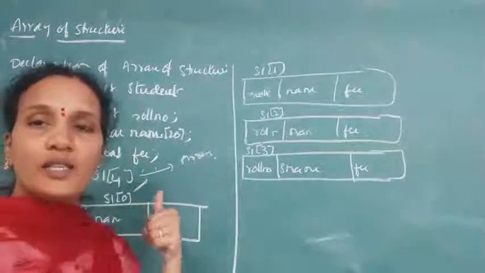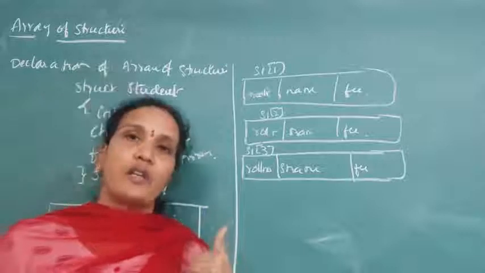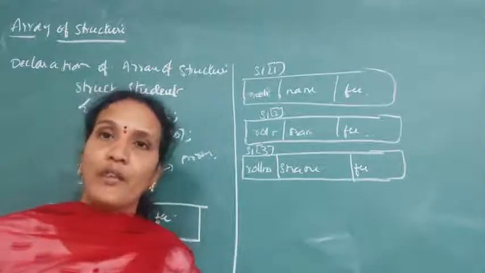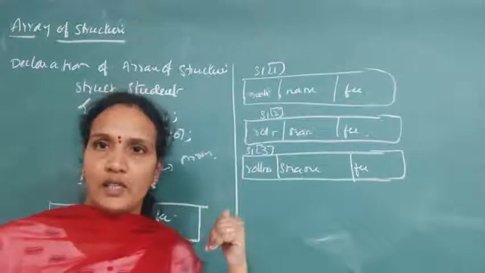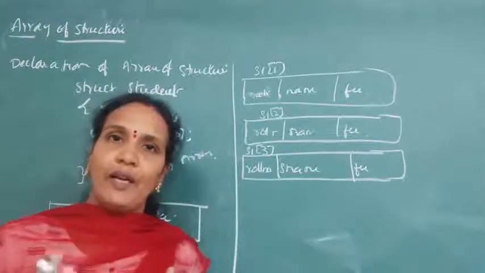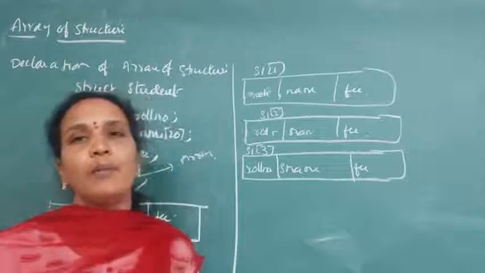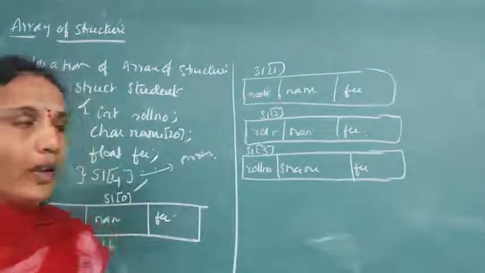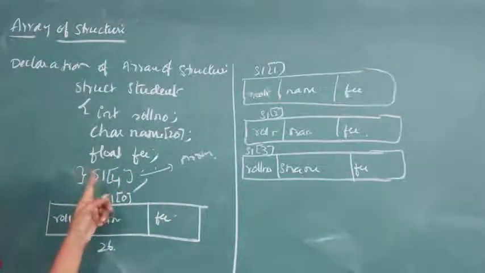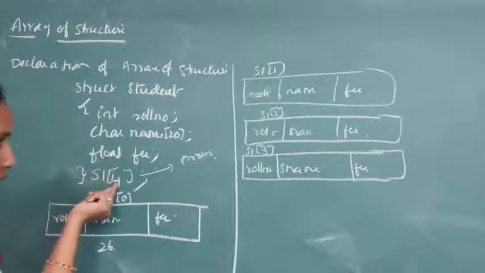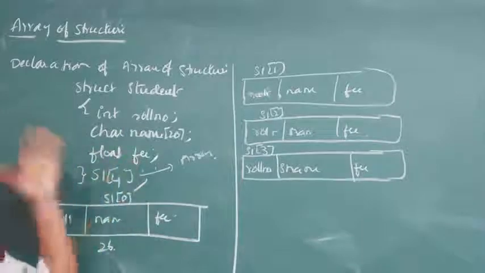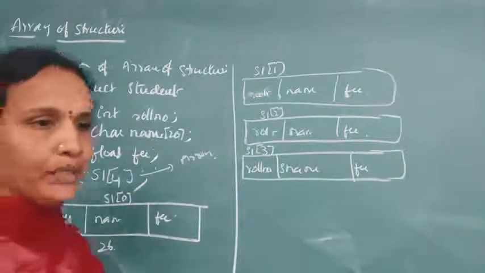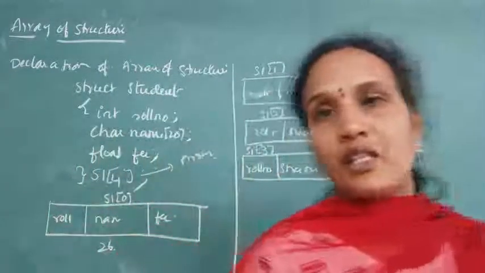Okay, and this concept is called array of structure. If more variables are there and those variables are using the same structure, then instead of declaring separately, you can declare all the members as an array. Okay, so array of structure. Here we have 4 elements and these 4 elements are using the same members. That means they are using the same structure.